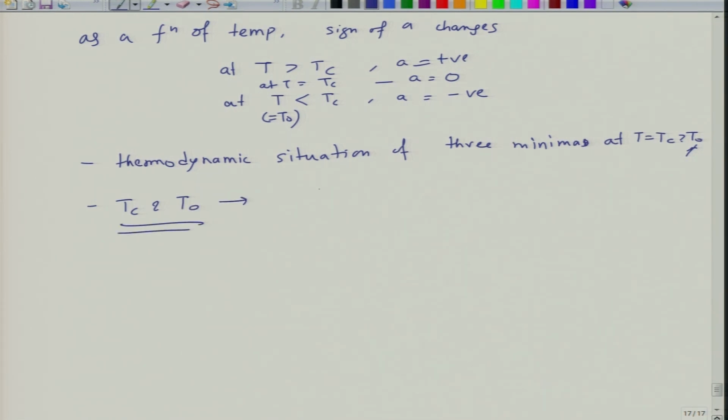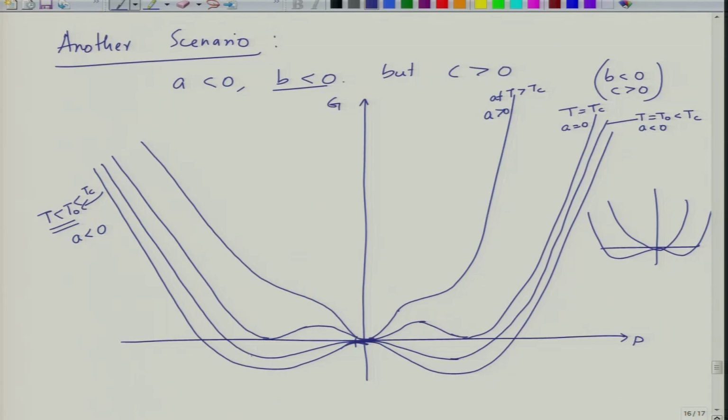Basically what happens is that these two minima belong to the polarized state.